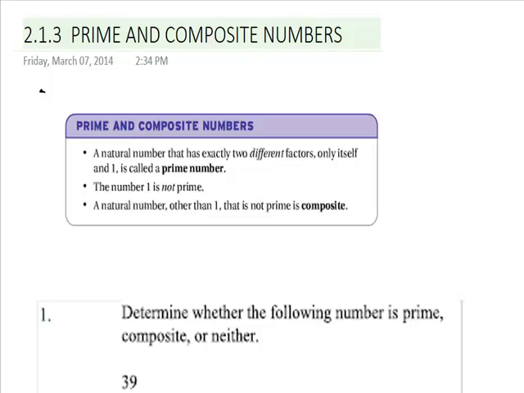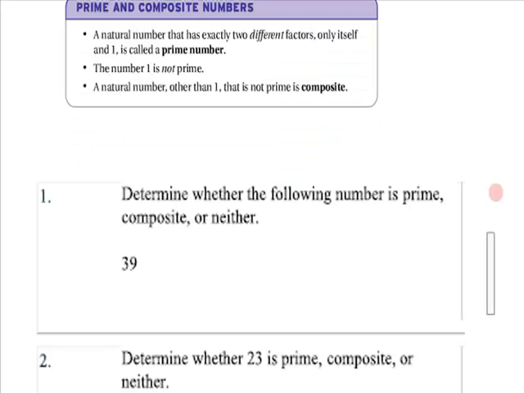So when we look at numbers, if we can find some way to factor them other than 1 and themselves, then they are composite. But if all we can come up with is 1 and the number, then they are prime. So let's look at some numbers and determine whether they are prime or composite.